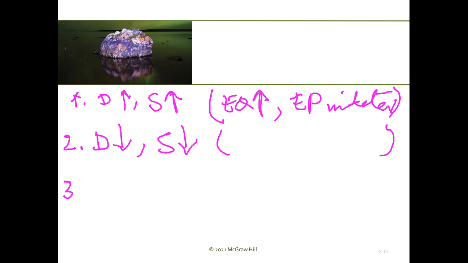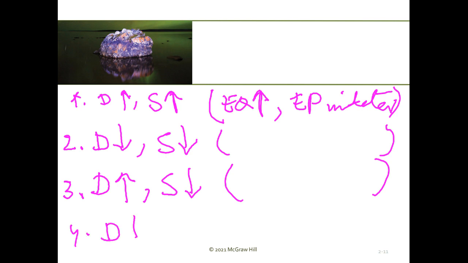Number three, demand increases and supply decreases. That is another possibility. And you have to find out what would happen to EQ and EP. The fourth possibility is demand decreases, but supply increases. So these are the only four possibilities. You should know the impact of these shifts in demand and supply curves on equilibrium price and equilibrium quantity.